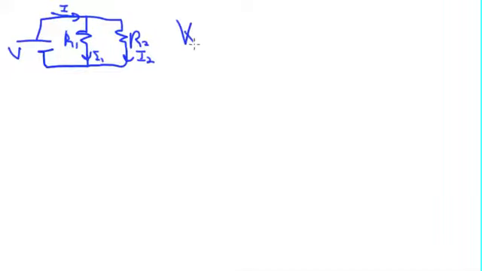So Kirchhoff's current law just says that at a junction, the current coming in equals the current that leaves. So what's a junction? A junction is where wire comes in and splits off. So we have two junctions right here. So at this junction right here, we can label this as junction 1.